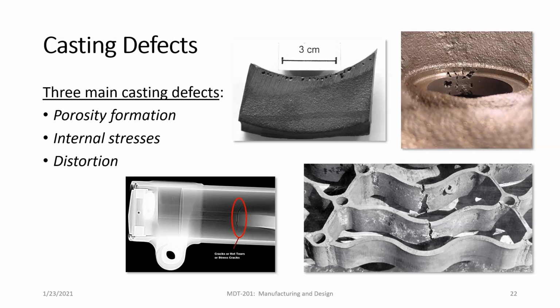There are some videos that I want you to look at in the Canvas module that will show you what happens when you have these internal stresses, basically exploding parts, which is not good. And then we have distortion. Distortion is when, through contraction and to some extent shrinkage, the shape of the part is going to become distorted. It's going to change, and we can get fractures in the part because of that if we don't plan our casting process properly.